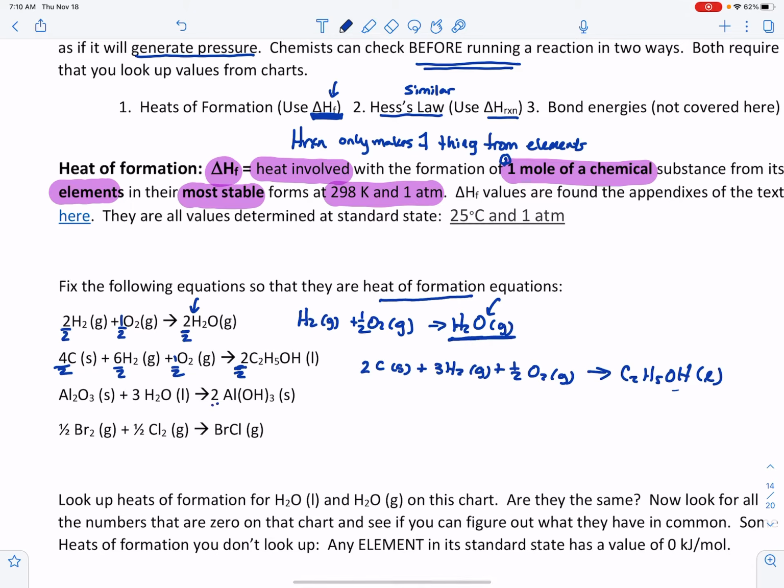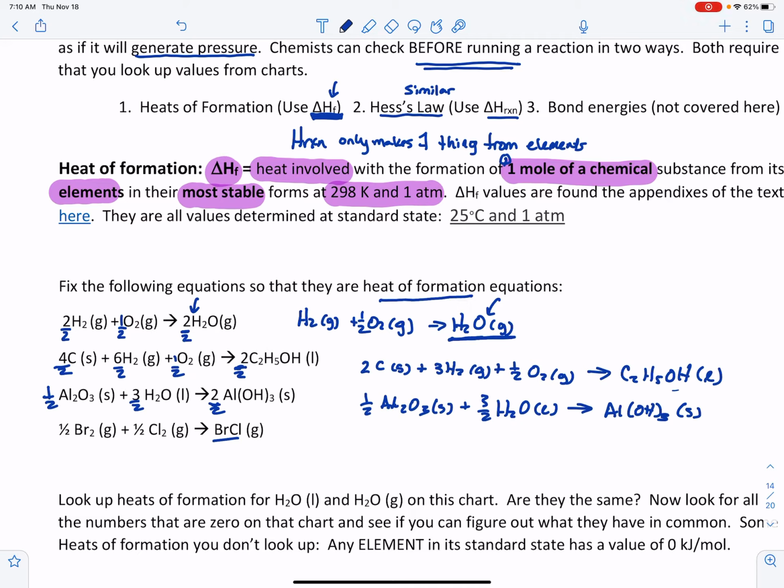Hopefully you're getting the theme of this. Again, there's a 2 there, 1/2, 3 halves. So 1/2 Al2O3 as a solid plus 3 halves H2O as a liquid goes to Al(OH)3 as a solid. So you notice each of those is making just one mole of product. That's good.